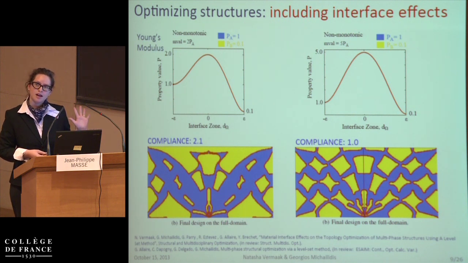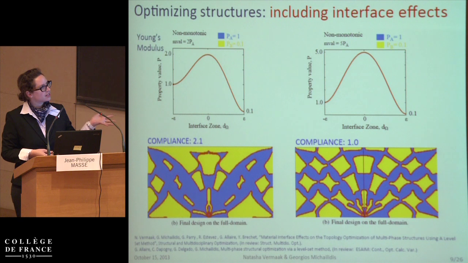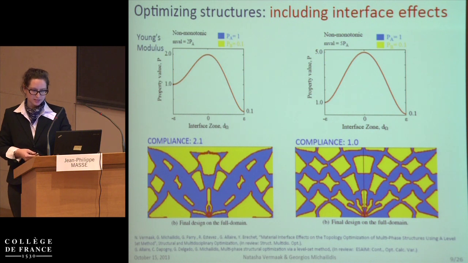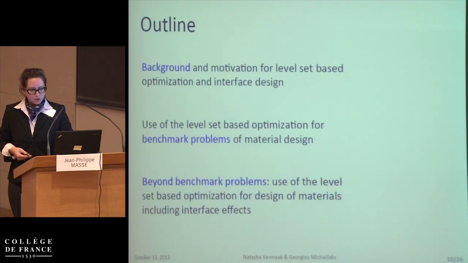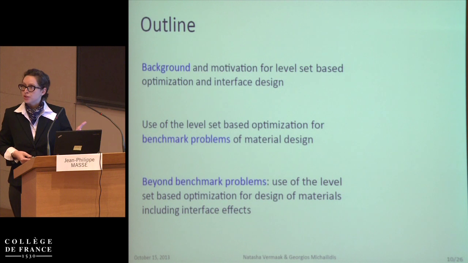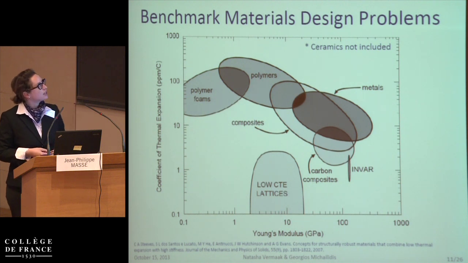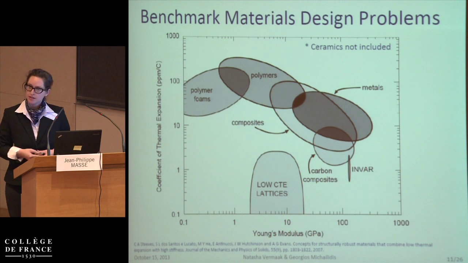We are enthusiastic about this example and many more in the area of structures, and that's inspired us to go on to materials design. So we again start with benchmark literature problems in materials design. And for example, we took the space of coefficient of thermal expansion versus Young's modulus.